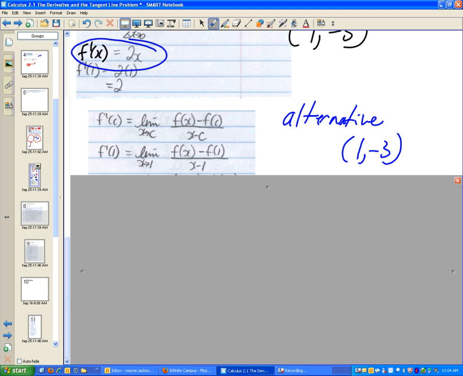So every place you see a c, replace it with a 1. So, there, and there. You replace the c with a 1. Why with a 1? Because 1 is the x-coordinate of the point of tangency.